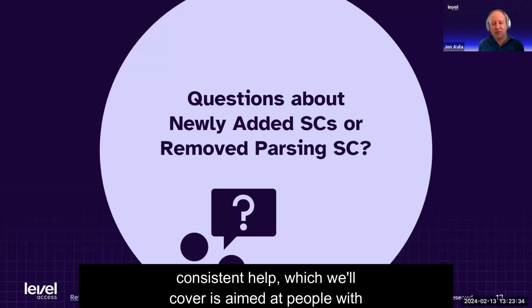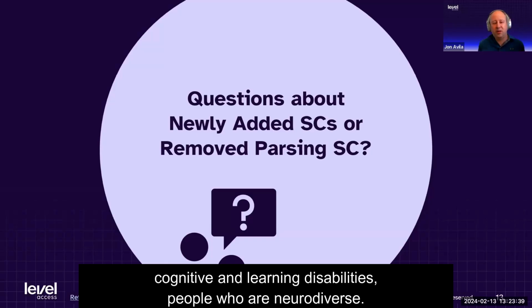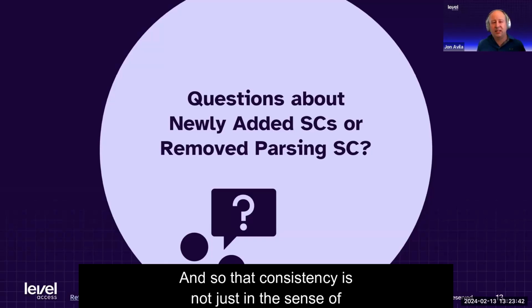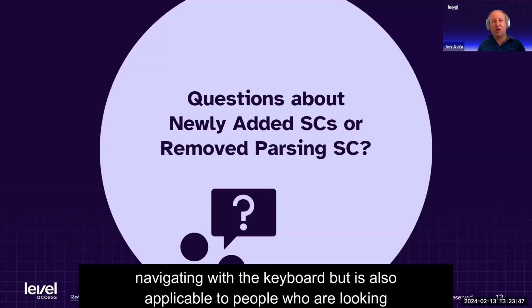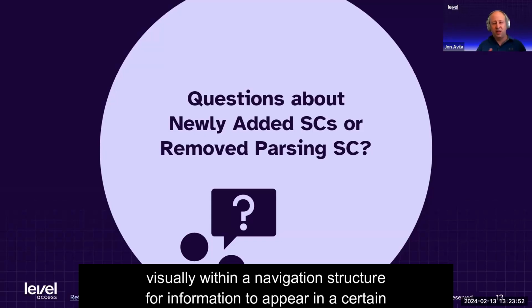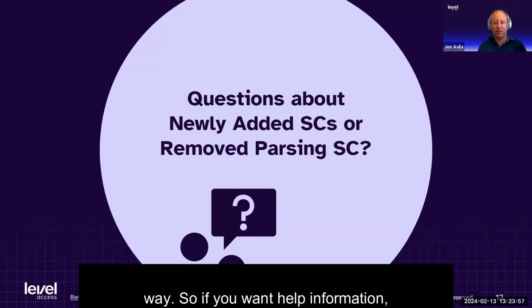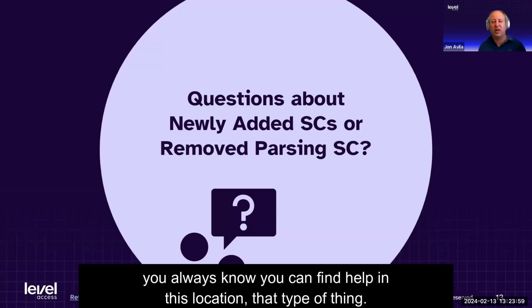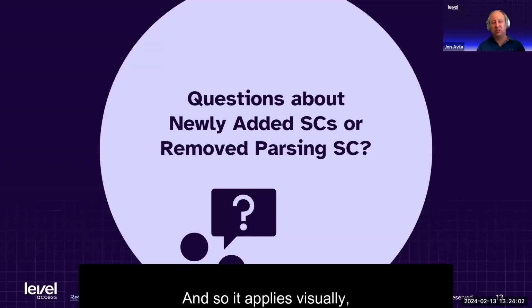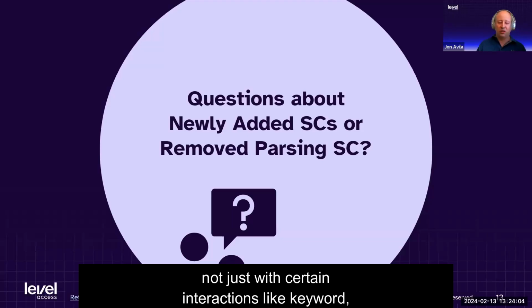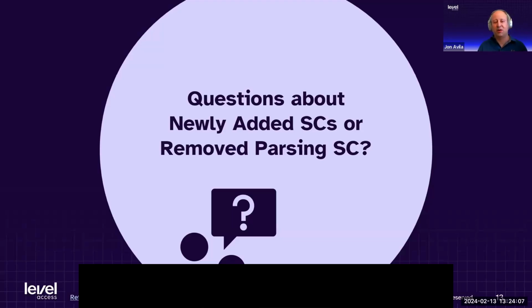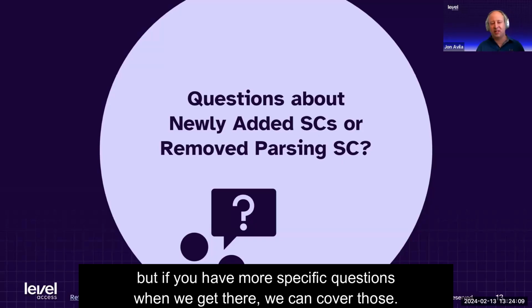Consistent help, which we'll cover, is aimed at people with cognitive and learning disabilities, people who are neurodiverse. And so that consistency is not just in the sense of navigating with the keyboard, but is also applicable to people who are looking visually within a navigation structure for information to appear in a certain way. So if you want help information, you always know you can find help in this location, that type of thing. And so it applies visually, not just with certain interactions like keyboard. But if you have more specific questions when we get there, we can cover those.